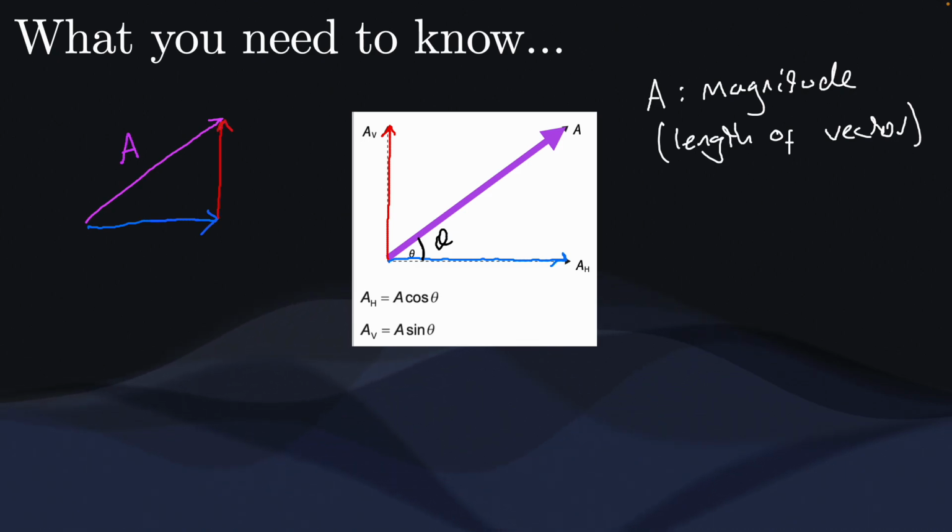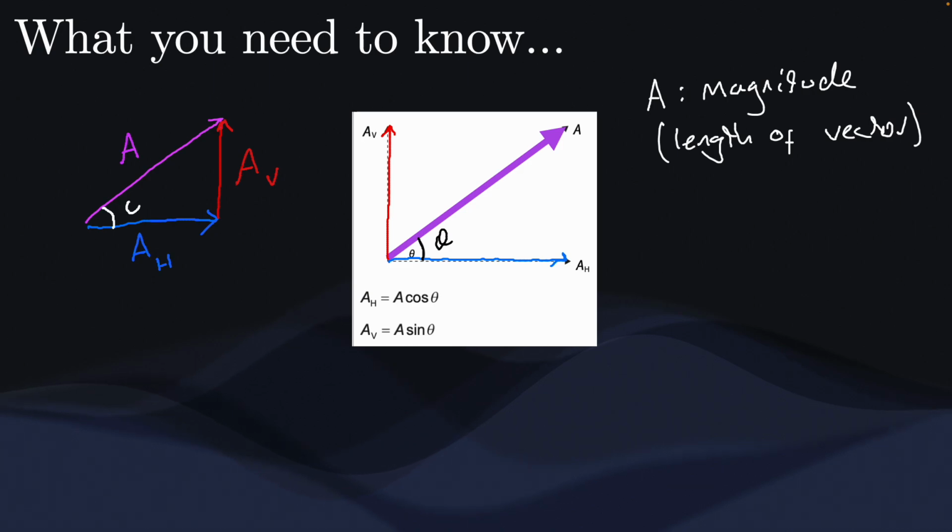Let's call its horizontal component A sub h, and its vertical component A sub v. We also see that there's an angle to the horizontal. For those who take maths or know any very simple maths, we can see that it's actually a right-angle triangle, and therefore we can use very easy right-angle triangle rules to find the horizontal and vertical components.